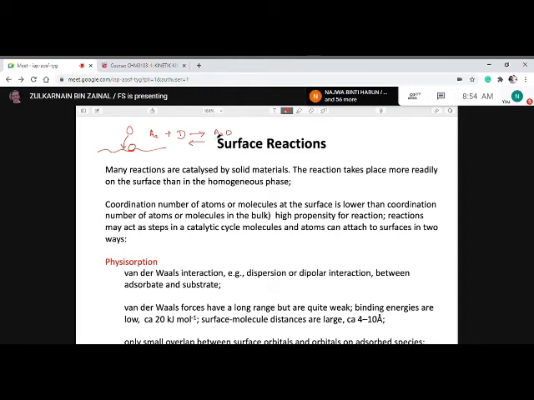You can remove the adsorbate from the adsorbent and reverse the process, right?